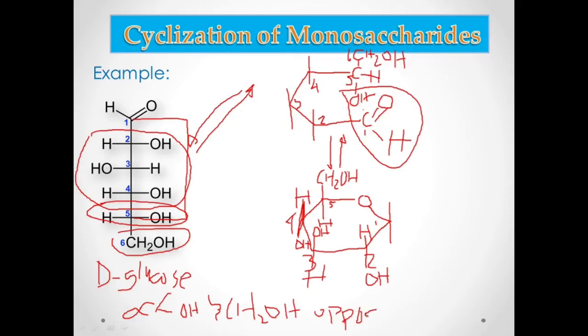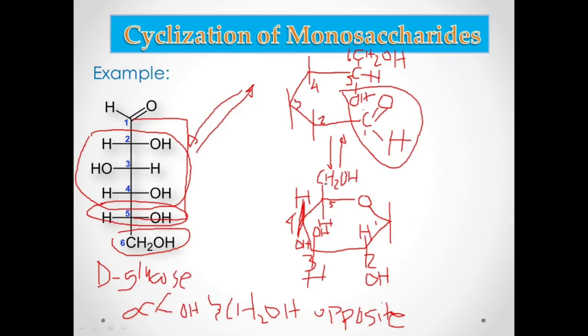So if the OH in carbon number 1 is at the top and the CH2OH is at the bottom on carbon number 5, then that is an alpha anomer. And if the OH is found at the bottom on carbon number 1 and the CH2OH is found at the top on carbon number 5, then that is also an alpha anomer.